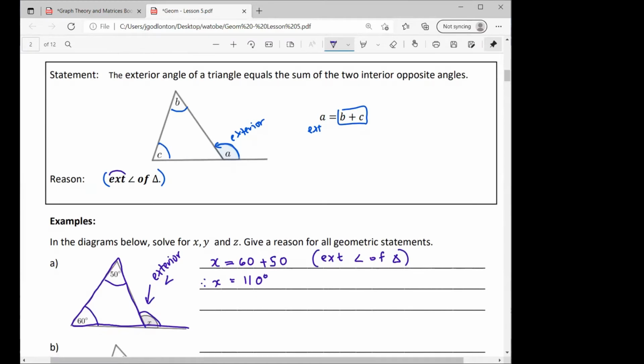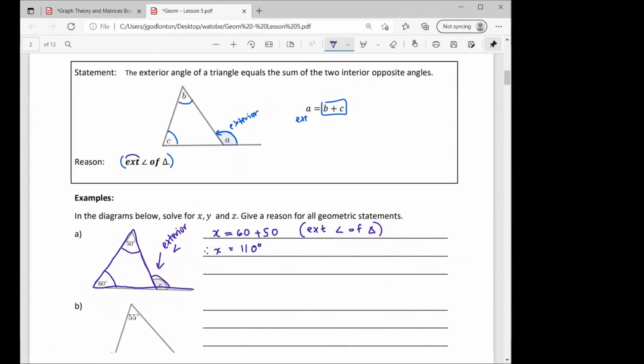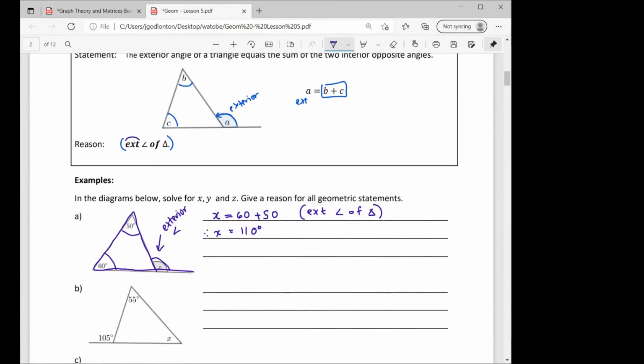Let's see how you cope with your first one alone. I'm wanting the value of x over there. Don't fall for my trap.